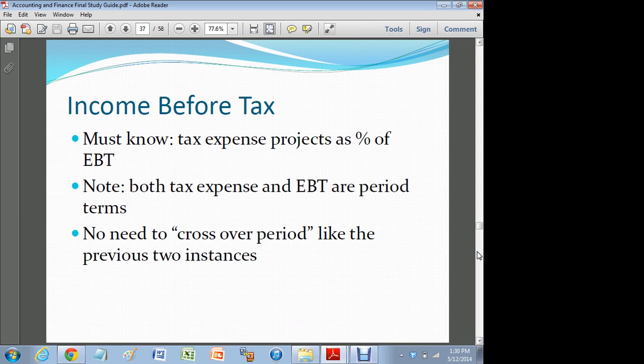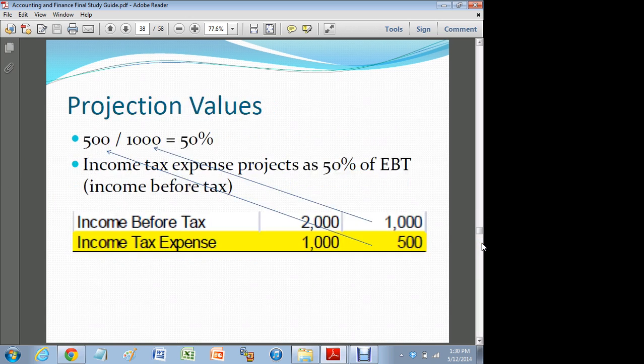So income before tax actually is a bit simpler than the last two, because tax expense and EBT are both from the income statement. So there's no need to cross over the period like the previous two instances.